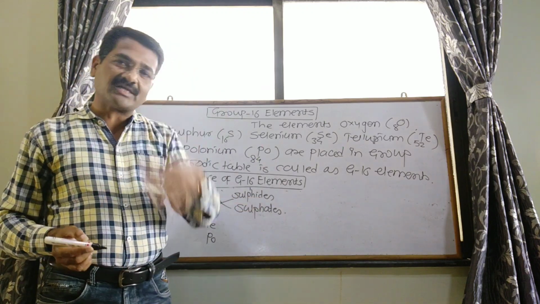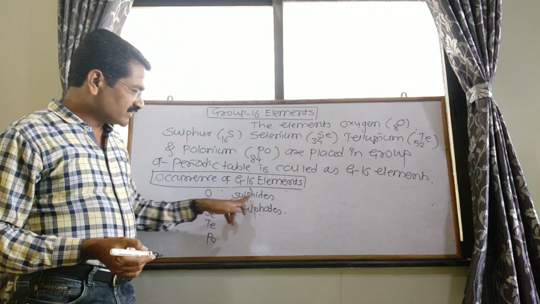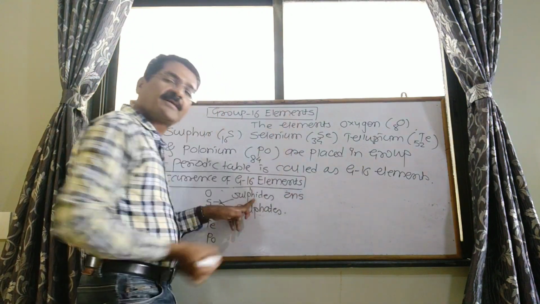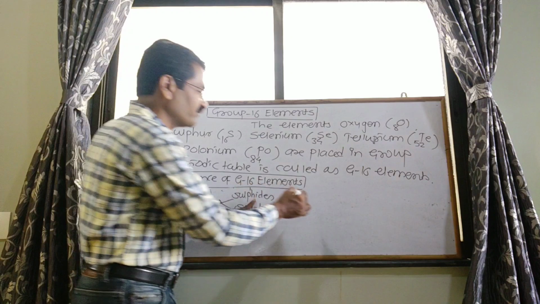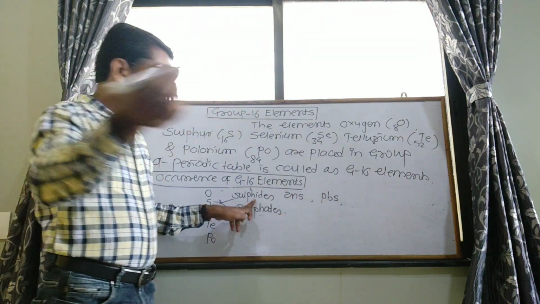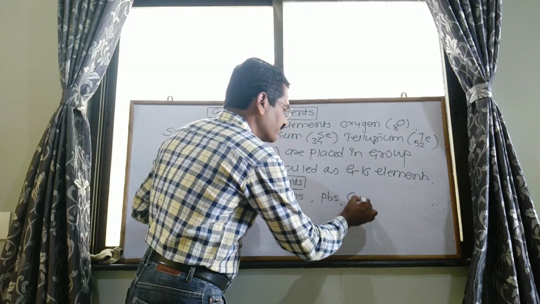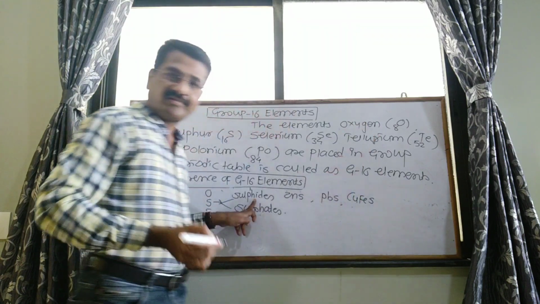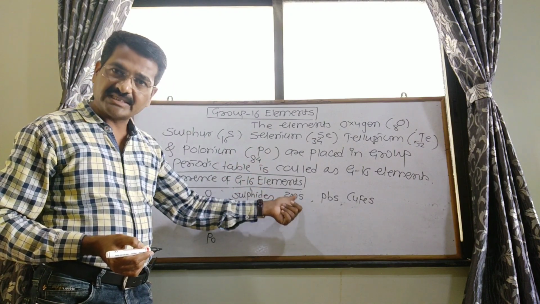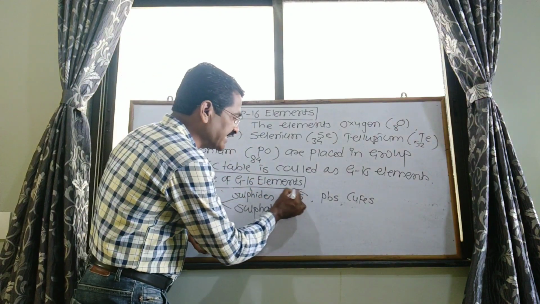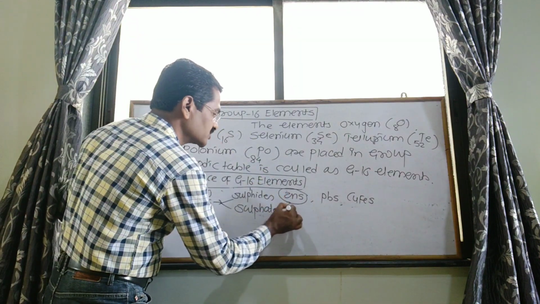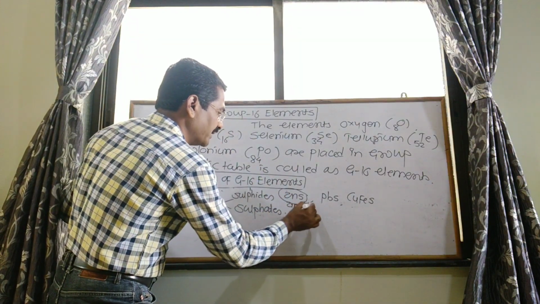How does it occur in the form of sulfides? Sulfur can occur as sulfides, that is, zinc sulfide (ZnS), lead sulfide, or copper sulfide. Zinc sulfide is called zinc blende.